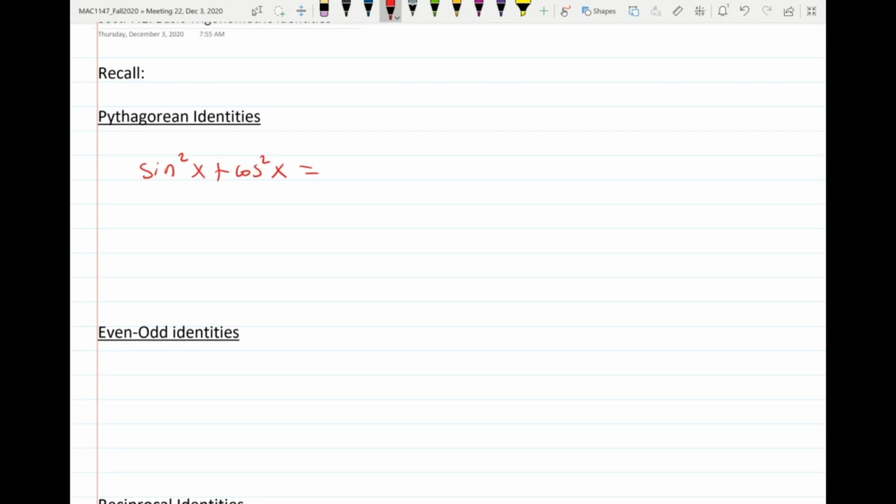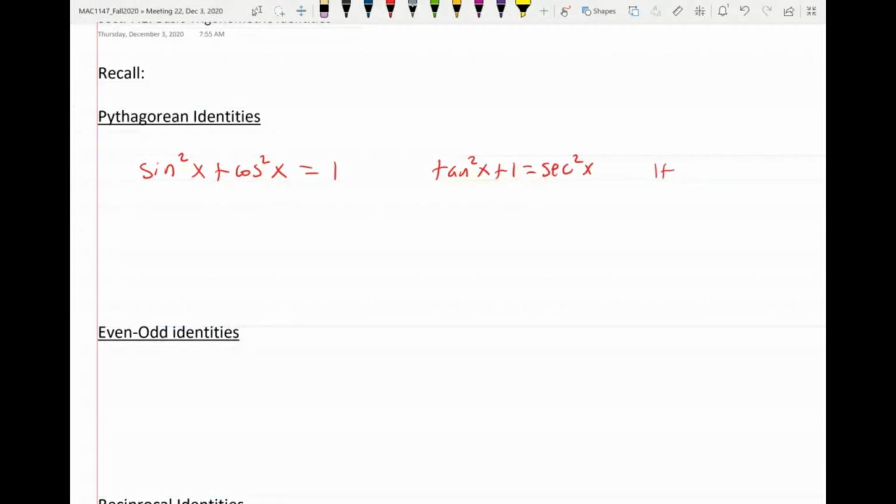Who can tell me? It is equal to 1. Very good. And then remember that from here we can actually derive two more. If you do tangent squared plus 1, this equals secant squared, and also 1 plus cotangent squared is going to be cosecant squared.